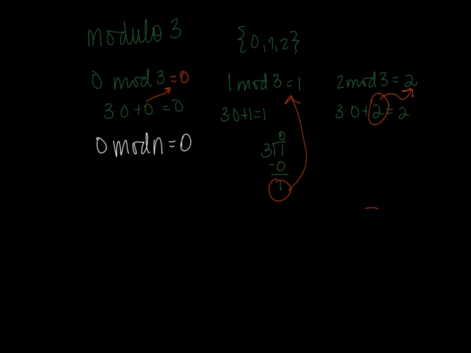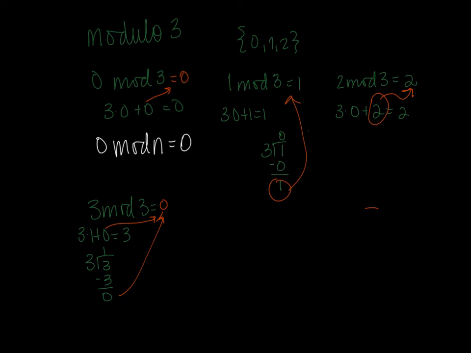But then something interesting happens. If I look at 3 mod 3, well, if I take 3, I divide it into 3, I get 1, and I have a remainder of 0. And my sentence is 3 times 1 plus 0 is equal to 3. Again, this 0 is the same as that other one.